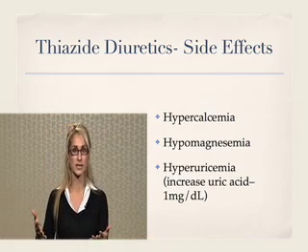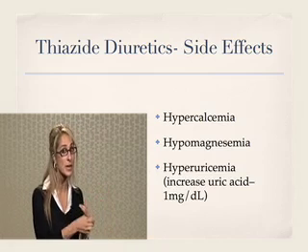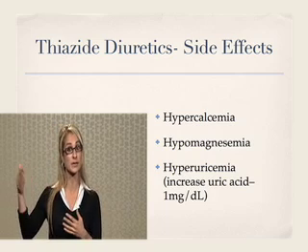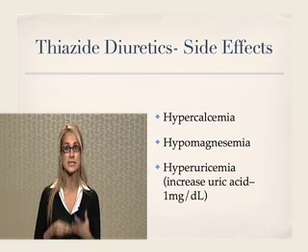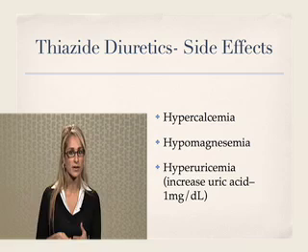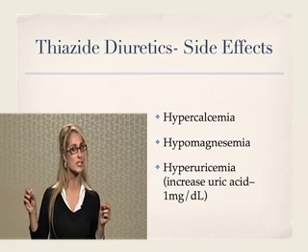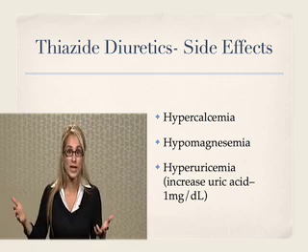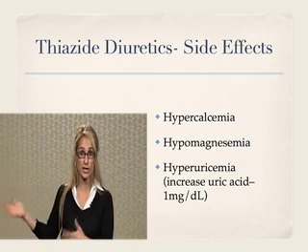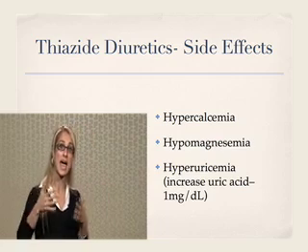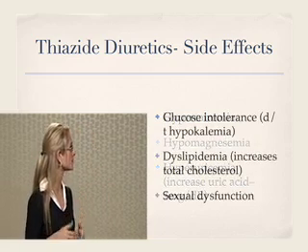So we know thiazides increase hyperuricemia. We know other medications cause hyperuricemia, as we'll be seeing. Some examples: niacin causes hyperuricemia. Low-dose aspirin, not really low dose, but less than 2 grams of aspirin, causes hyperuricemia. Busulfan, which we'll see when we talk about chemotherapy, causes hyperuricemia. So there are medications that are additive, so you've got to watch for that.